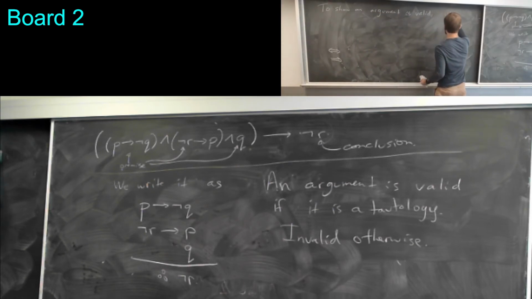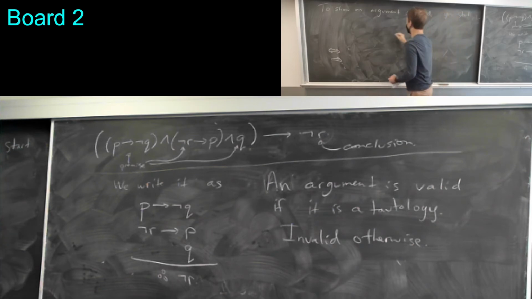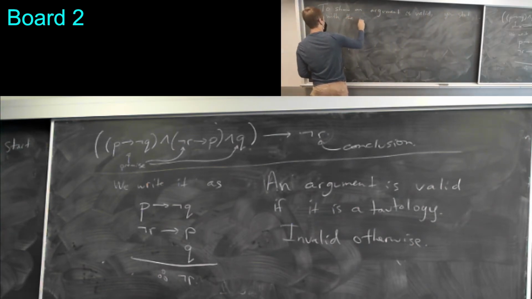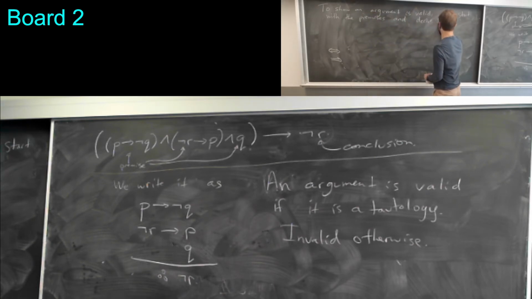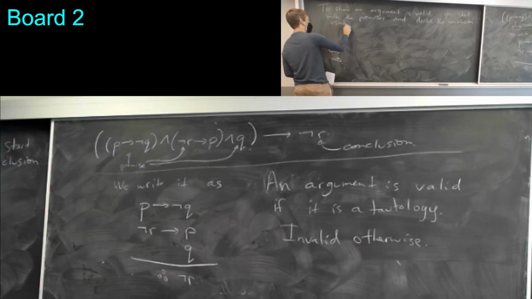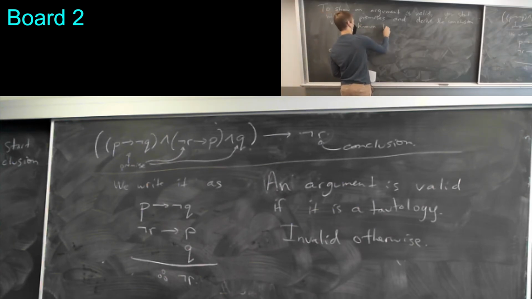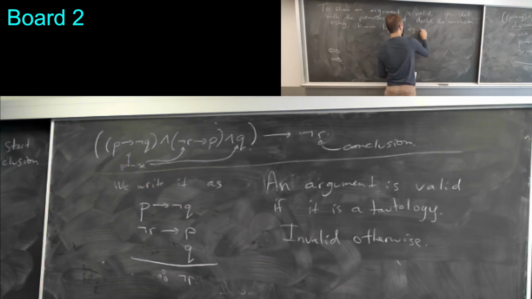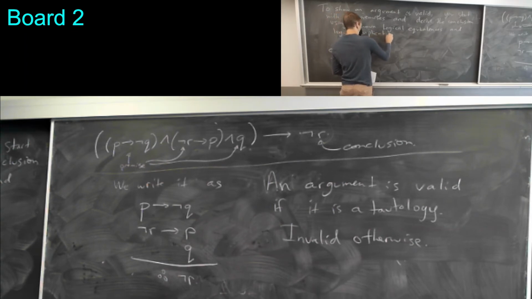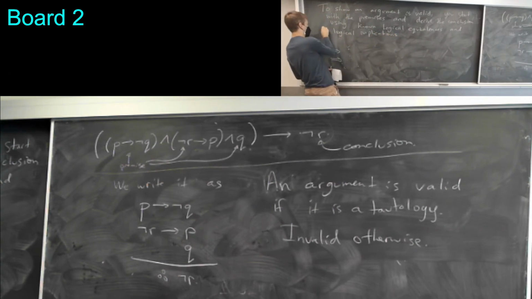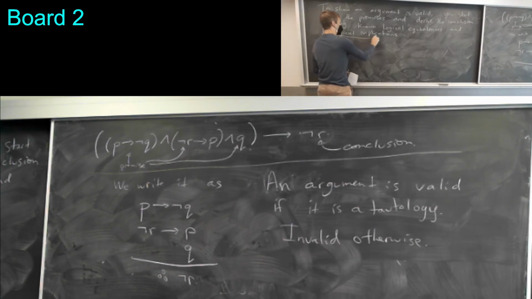So you start with the premises and derive the conclusion using known logical equivalences and logical implications, which sometimes get called, I guess in the notes, inference rules.